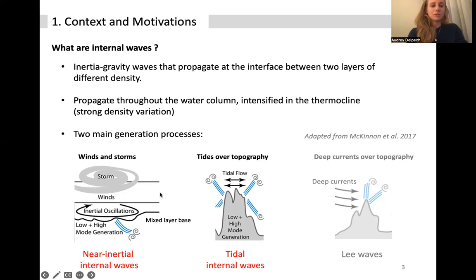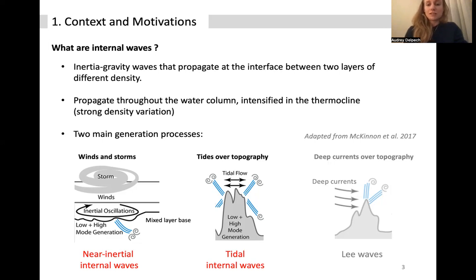On one side, the winds and the storms, which can create inertial oscillation in the mixed layer that makes the base of the mixed layer oscillate and can radiate away internal waves at a frequency close to the inertial period. So that's why they're called near-inertial internal waves.